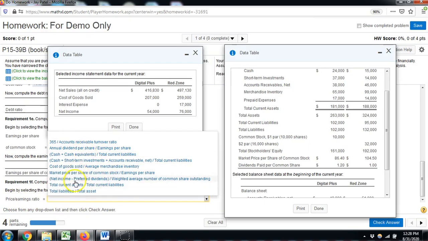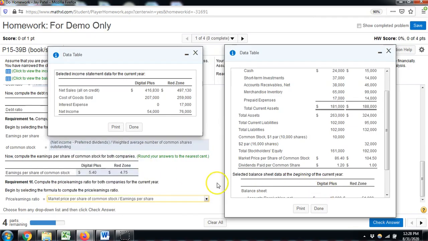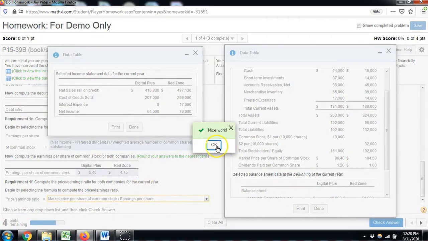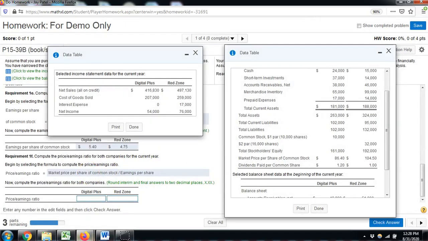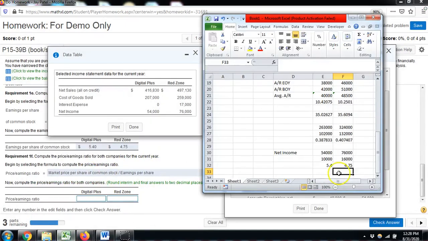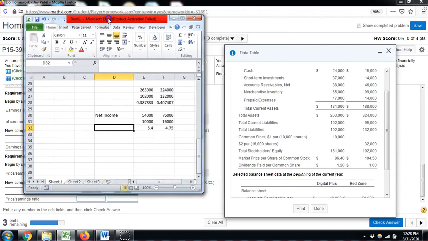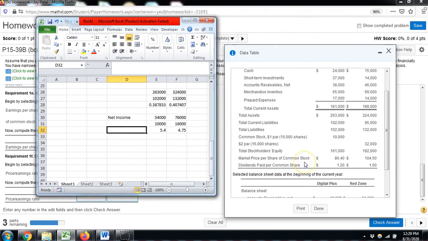So let's see if we can find it. Market price per share divided by earnings per share. Okay, so let's go back to our sheet. We've just calculated our earnings per share here. So it tells us the market price is 86.40.